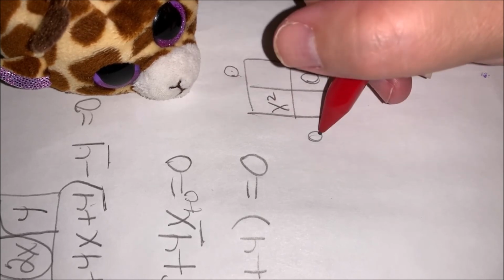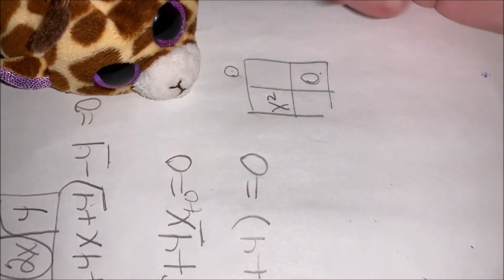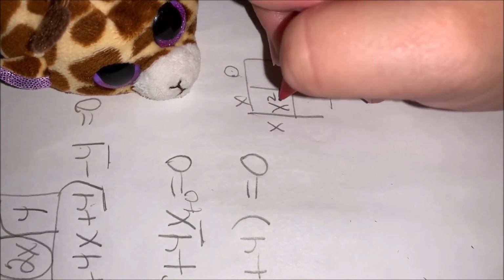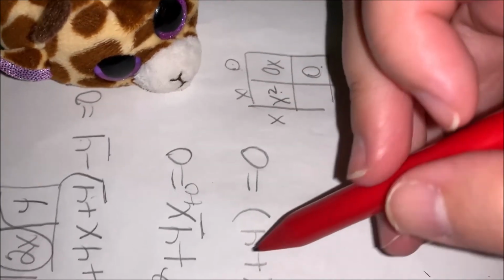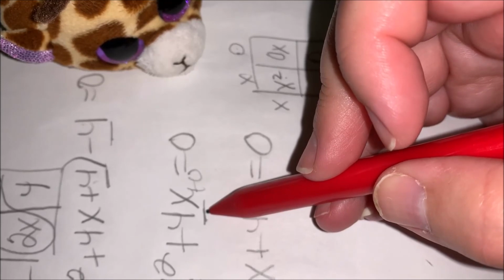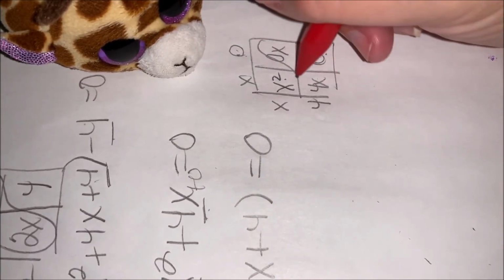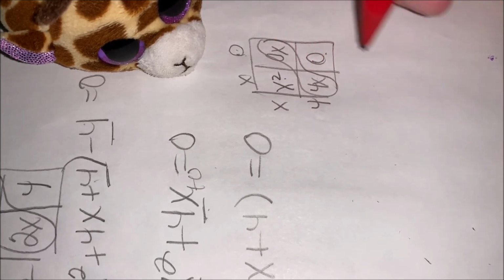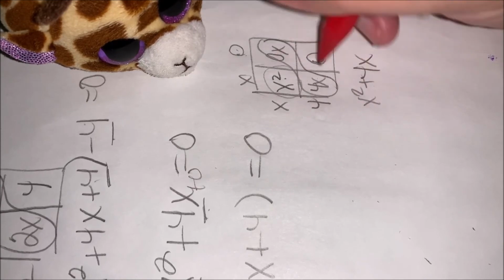Or 0 times anything is 0. So x times x is x squared, so I have a 0x, but I need a 4x. So when I combine these, I get 4x. I have x squared. So there's the inside.